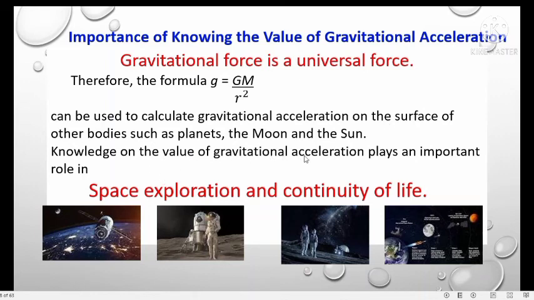Knowledge of the value of gravitational acceleration plays an important role in space exploration and continuity of life. For example, if astronauts go to the moon, they must know the value of gravitational acceleration on the moon and how long they will be able to be there, or on other planets.